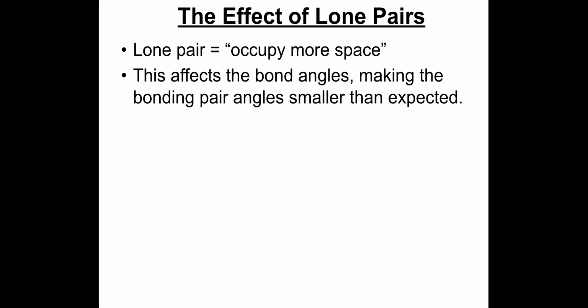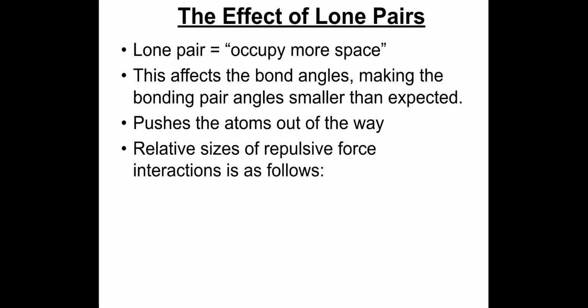So that's going to make the bond angle between the atoms get smaller, because a lone pair needs more space. It's pushing the bonded pairs, pushing the atoms, and so it's going to push them closer together, and so that's going to create a smaller angle. So the relative size of the repulsive force interactions is as follows.